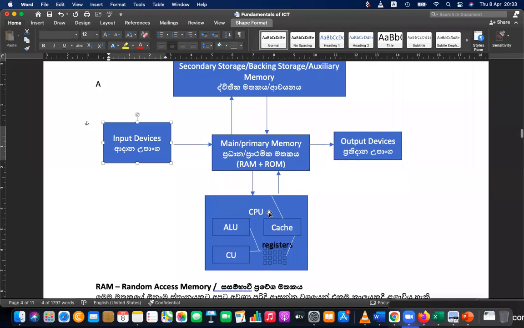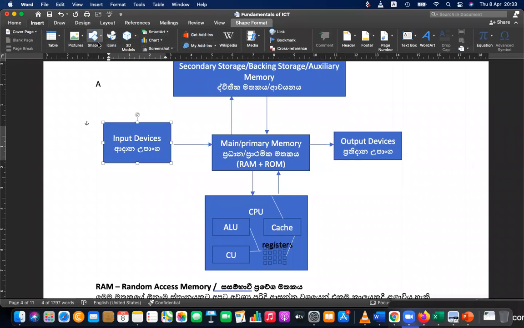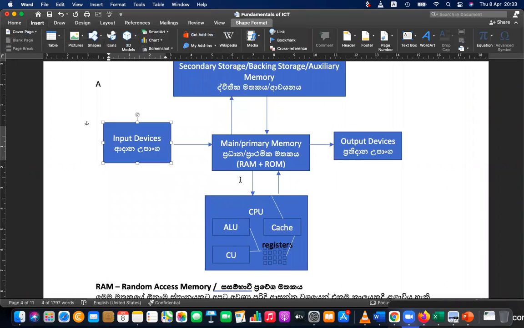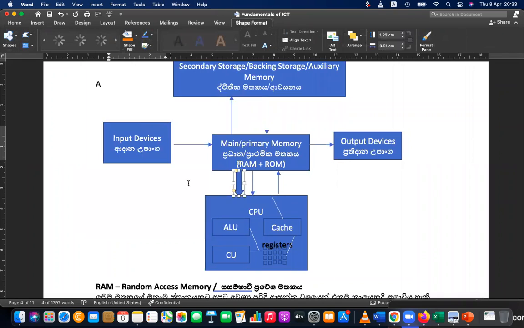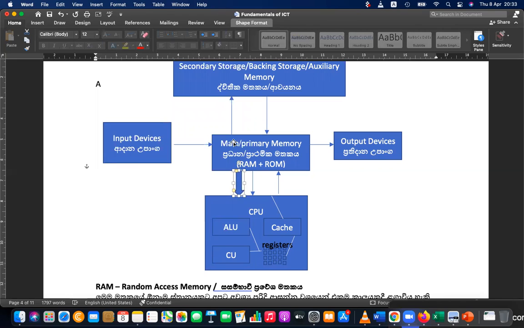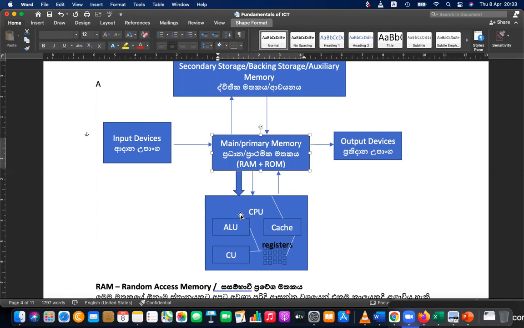In addition to this data, it is required to send instructions to the processor, otherwise the processor will not do the task. So please draw this arrow. This is instructions. You have to send data and instructions both to the main memory and then to the CPU. The CPU will understand the instructions and process it. The processed data will then be sent back to the memory and can be presented back.